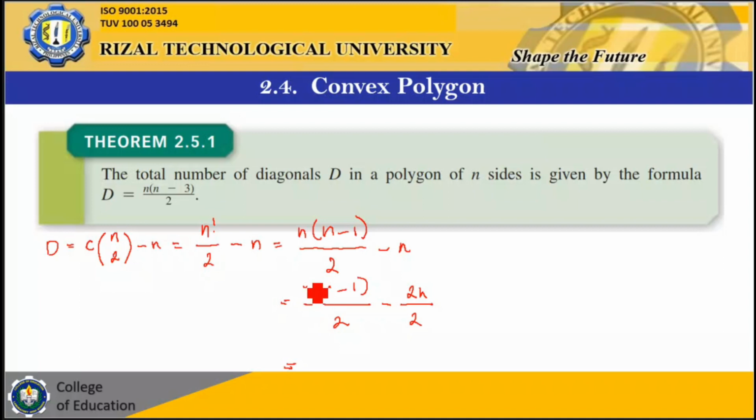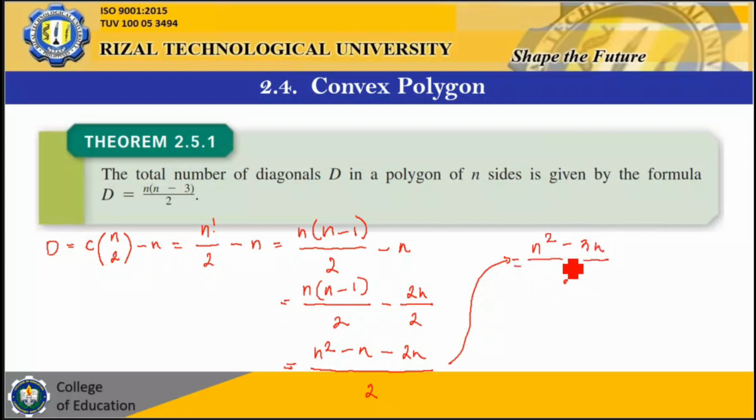Simplify first our expression in the numerator. What we have there is n squared minus n, and then minus 2n. They have the same denominator, and this simplifies to n squared minus 3n divided by 2.